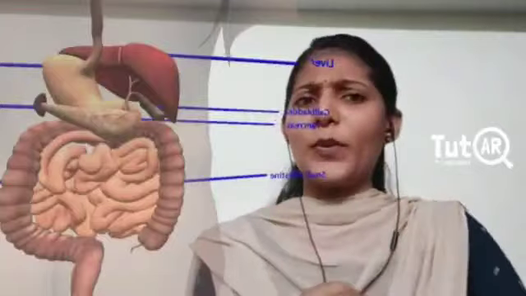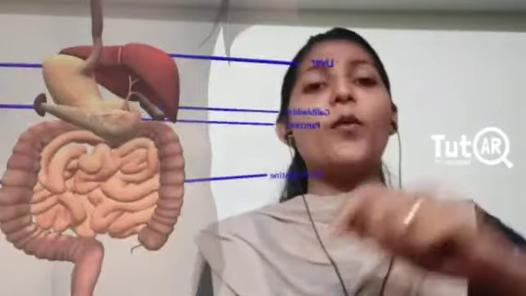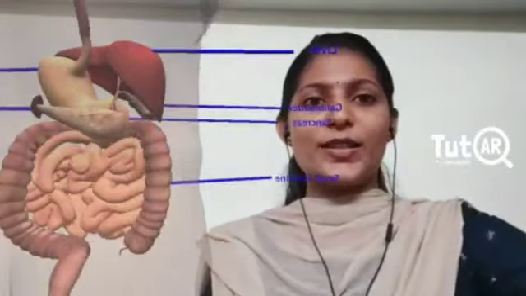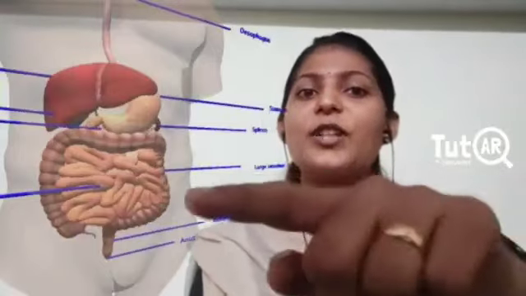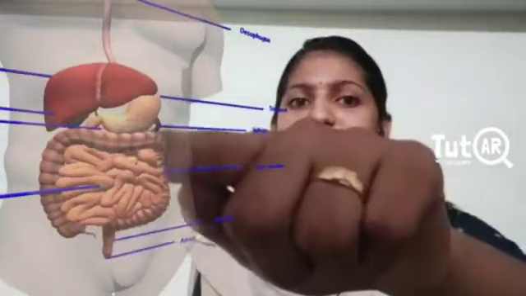And now, what about the waste? The waste after the complete digestion will move on to the large intestine. Here you can see from the small intestine, the undigested particles move into the large intestine.